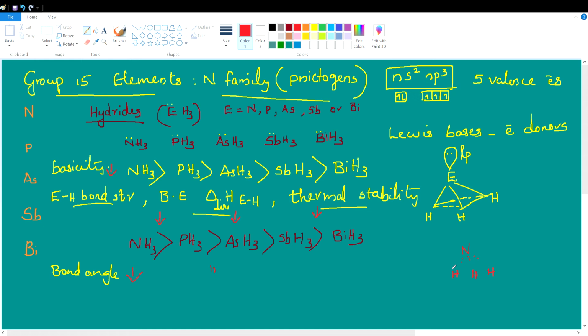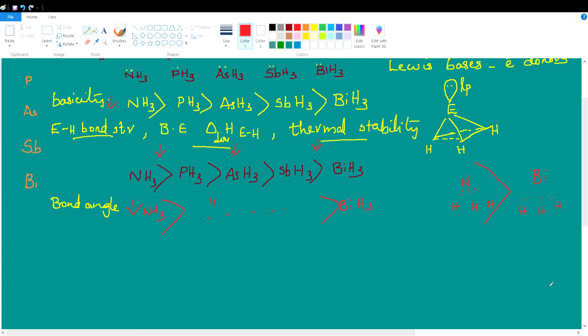The repulsion between the bond pair electrons will be maximum in the case of nitrogen, and hence the bond angle is largest. Ammonia has the maximum bond angle and bismuth hydride the minimum. This is because bismuth being larger, the bond pair electrons shared between bismuth and hydrogen atoms lie at a far distance from bismuth. Means the repulsion between the bond pairs will be less, bond angle minimum. Bond angle down the group among the hydrides decreases.